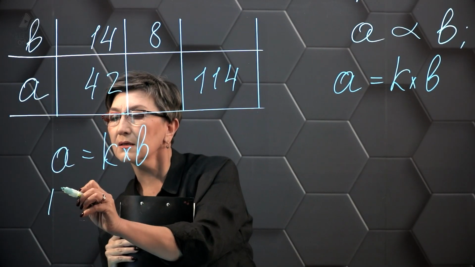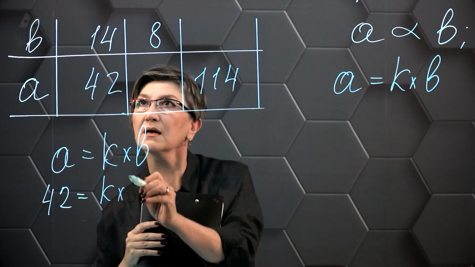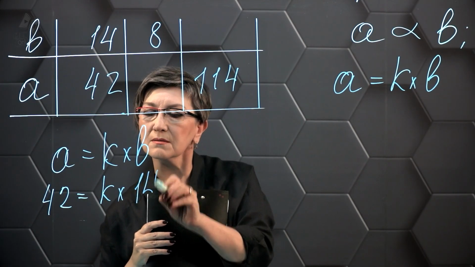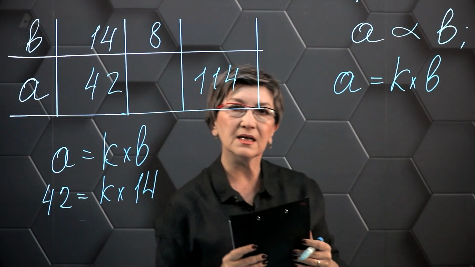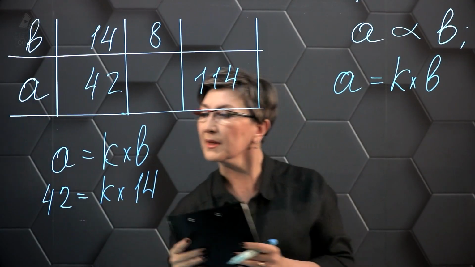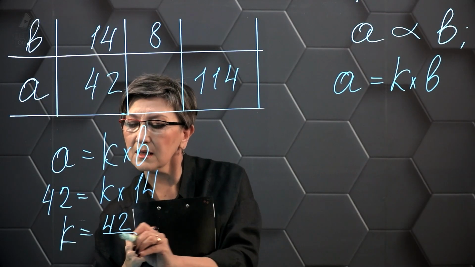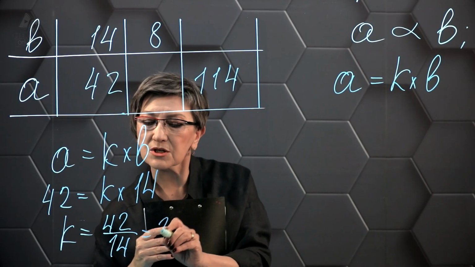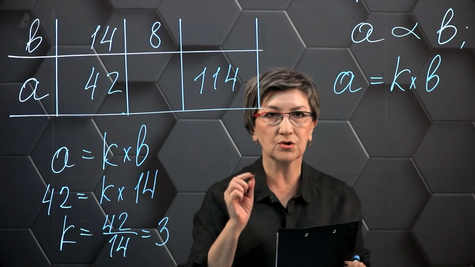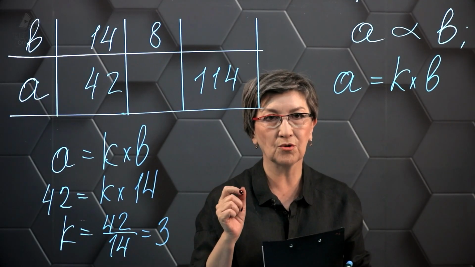A is 42, we don't know, and B is 14. By substituting this data into our expression, we can find the value of K. K equals 42 divided by 14. And in our case, it will be equal to 3. The coefficient of proportionality is equal to 3.